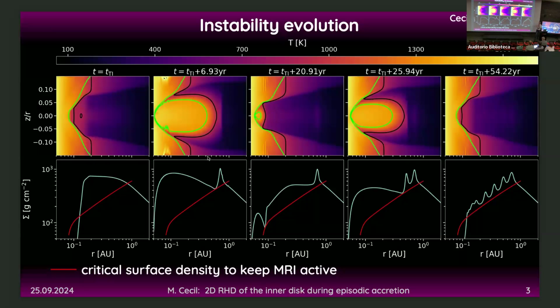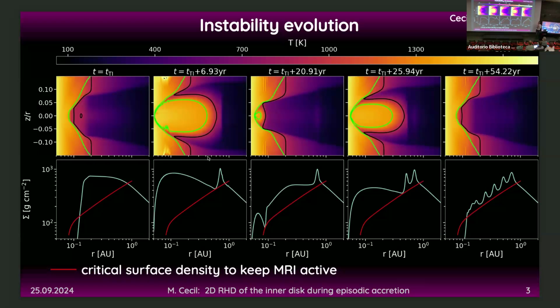But as it turns out, this is not the end of the story, at least not in our simulations, because this process reflares a few times. Each reflare follows the same procedure as the first ignition does: a heating front launched outwards is reflected into a cooling front, comes back, and this happens a few times. But each time the reflare has a smaller amplitude than the previous one because there's just less mass available to be made MRI active.